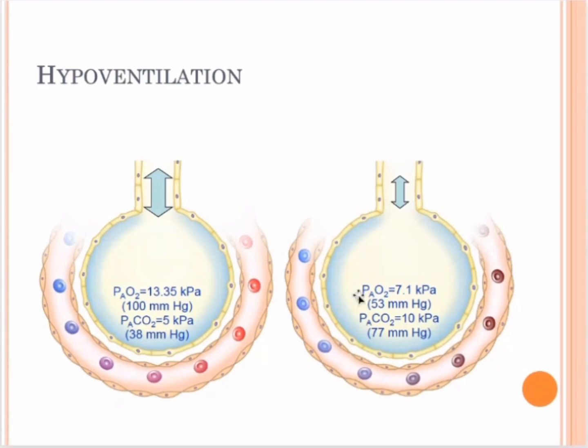So this is hypoventilation causing hypoxemia, and we need to understand this in patients with hypoventilation. And in this kind of hypoxemia, just giving oxygen will increase the partial pressure of oxygen, and oxygen saturation will improve.